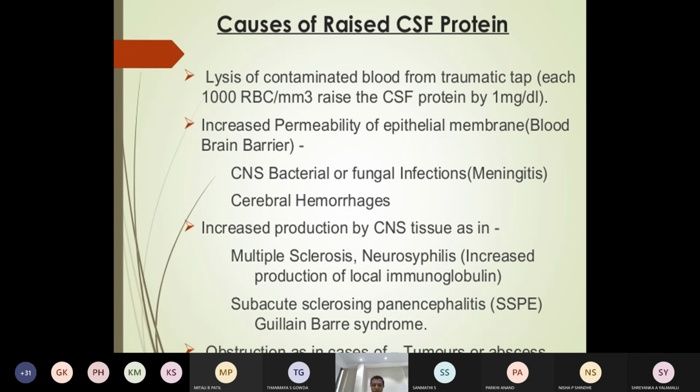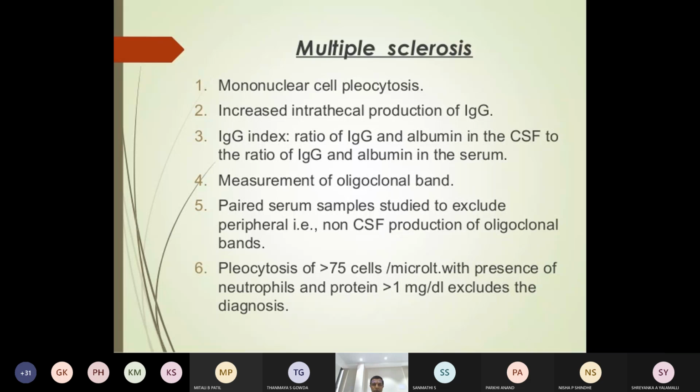All these conditions you can see, neurosyphilis, subacute sclerosing panencephalitis, Guillain-Barré syndrome, etc. In multiple sclerosis we see mononuclear cell pleocytosis and increased intrathecal production of IgG, which we can estimate in these and other conditions. It also helps in the diagnosis of various viral infections.